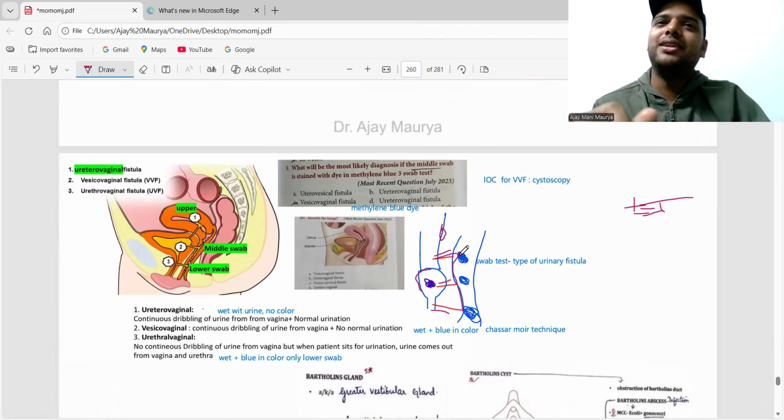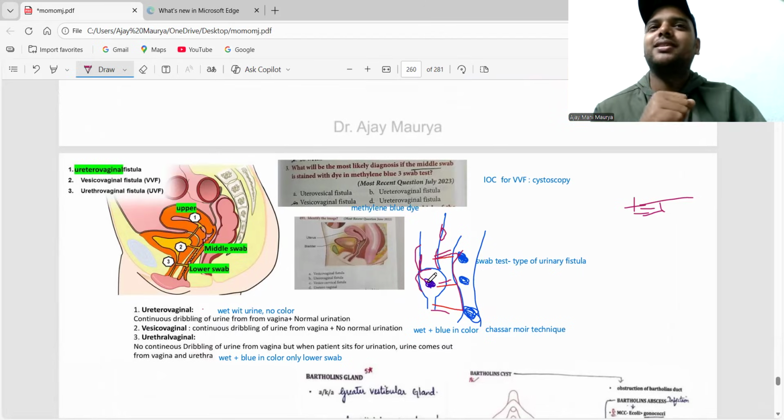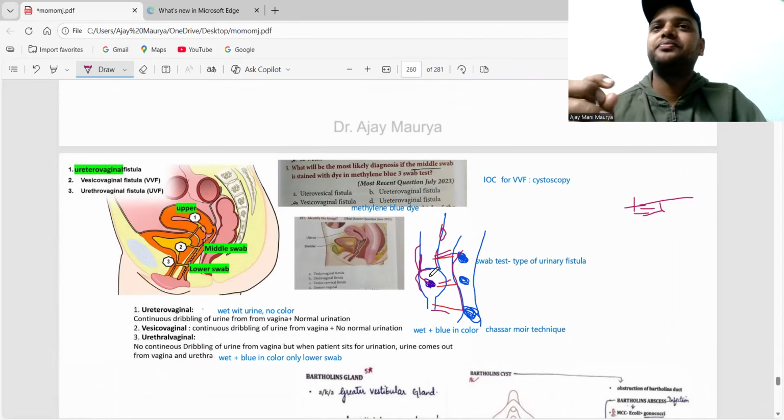But however the urine is coming from here, the urine coming from the other ureter is going to fill the bladder. Then there is no problem in urination, because the bladder is filling. So the patient will not feel that the bladder is not emptying.